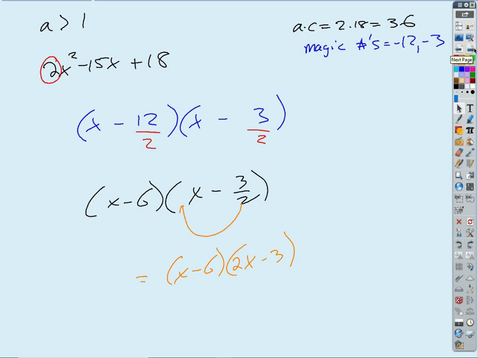Raise your hand if you're comfortable, like you know how to do bottoms up. Okay, so a few people. So let's go through the rules on bottoms up. I'm just going to start this one over: 2x squared minus 15x plus 18.